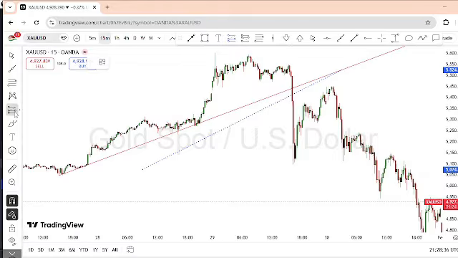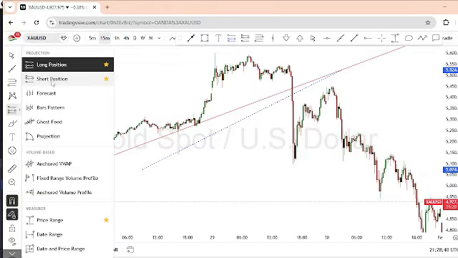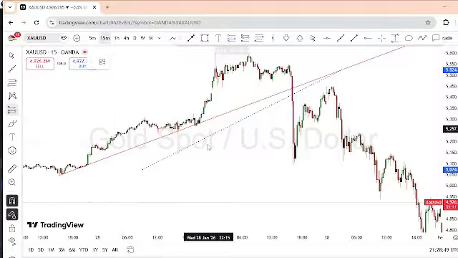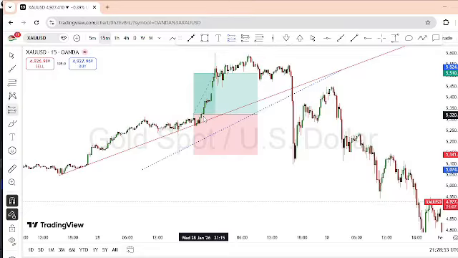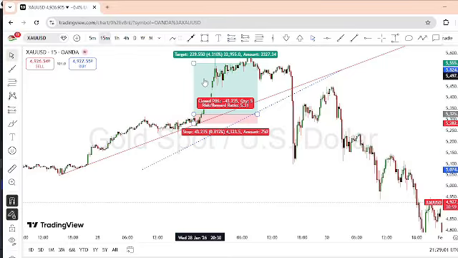If I click long position, short position: to go long means to buy, to go short means to sell. You can see I starred these two, and they are all here now. When I click somewhere like this, it gives you something like this. That means, okay, put my stop loss here, my take profit is usually here. But all of this I'm going to be teaching you in the future.